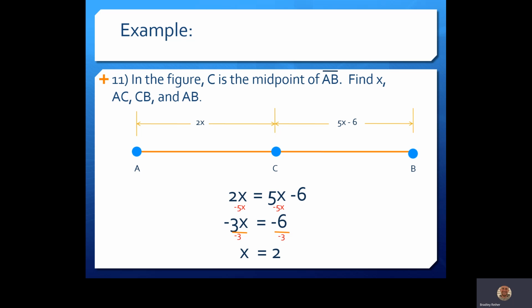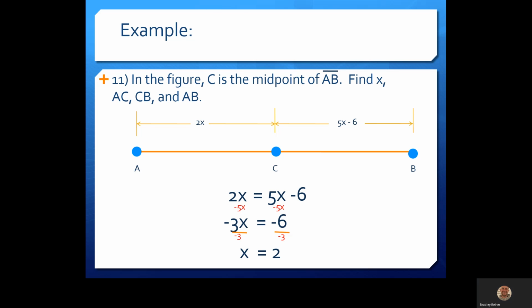So A to C is 4. From C to B, we have an expression, 5 times x minus 6. That's 5 times 2 minus 6. 10 minus 6 is 4. A to C is 4. C to B is 4.